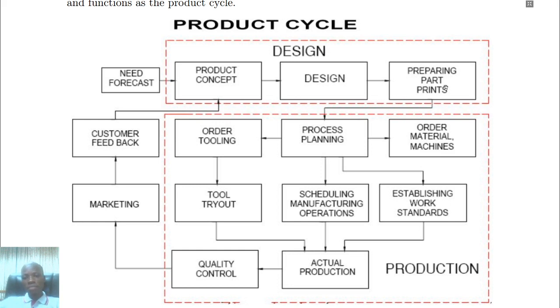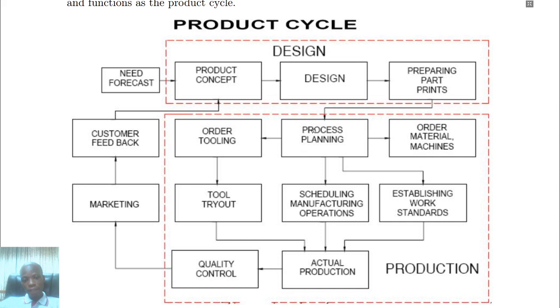All right. Then from there, we come to process planning. So from preparing part prints, now we come to process planning. And the process planning here, we're going to plan the way that the part or that product is going to be produced.